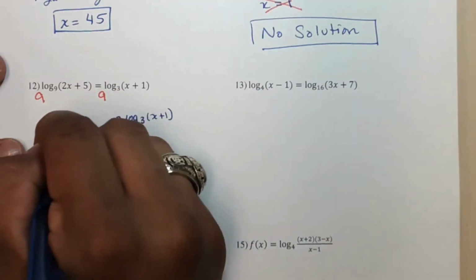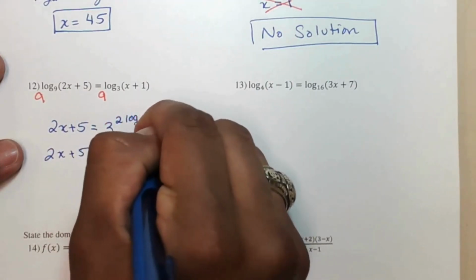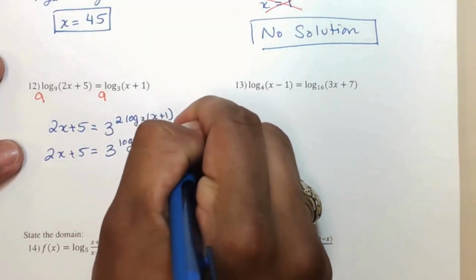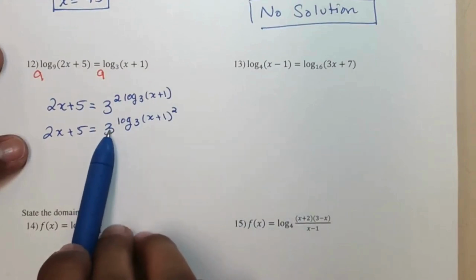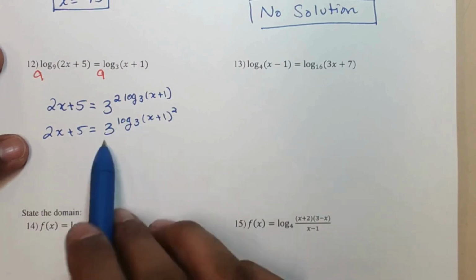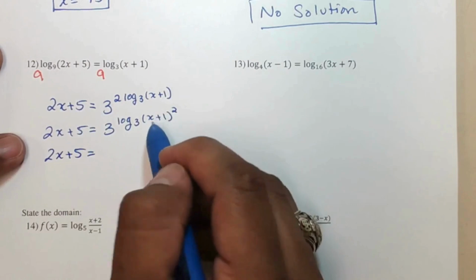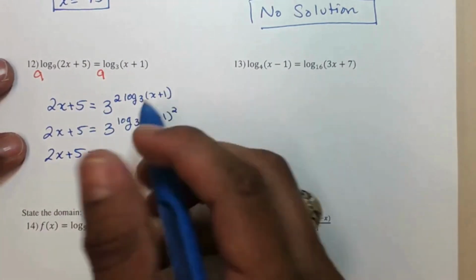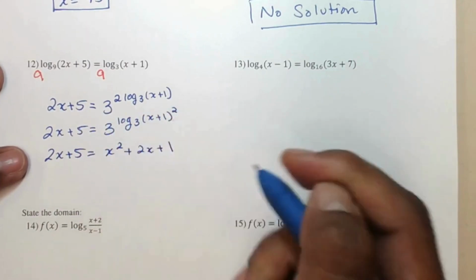So just so that I'm not skipping too many steps, we end up getting this. So again, the coefficient goes in as an exponent. Now, this exponent and this log have the same base, so we're left with what's on the inside. Well, on the inside, we're left with x plus 1 squared, which is x squared plus 2x plus 1.